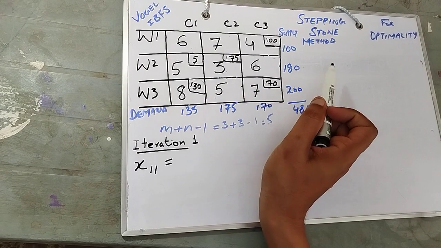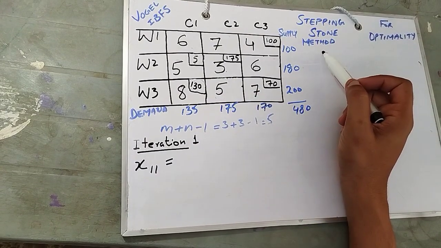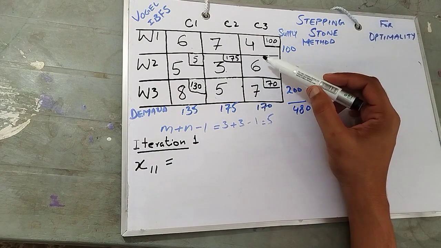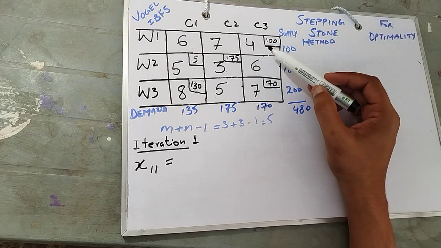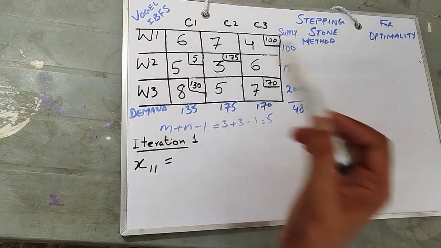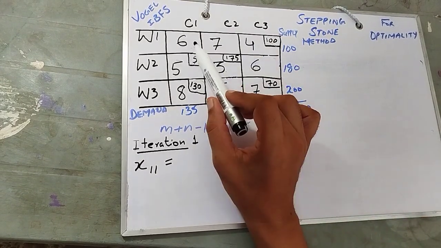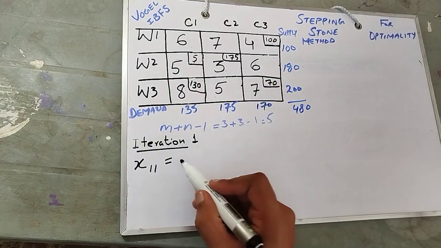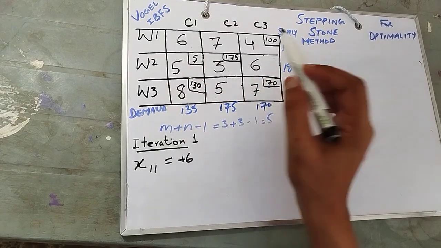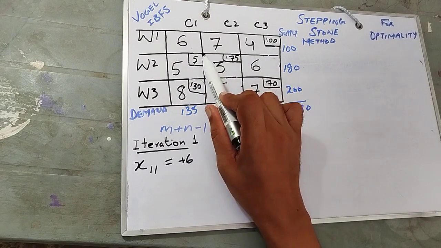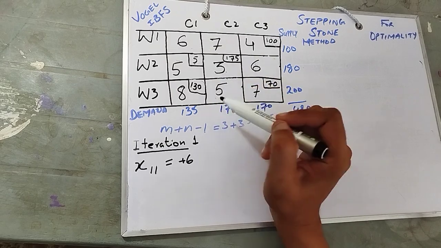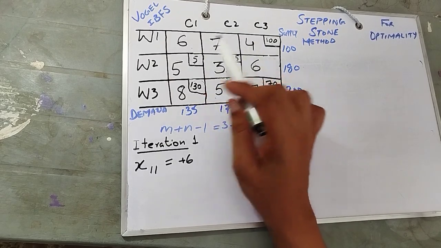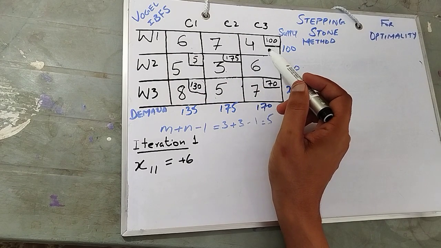In the stepping stone method, we use already allocated cells as a stepping stone to move ahead or to find the optimality. So plus 6, we are about to start with the plus 6. Where to step next? We can step horizontally and vertically. Horizontally we have gone over here, yes, this is correct.